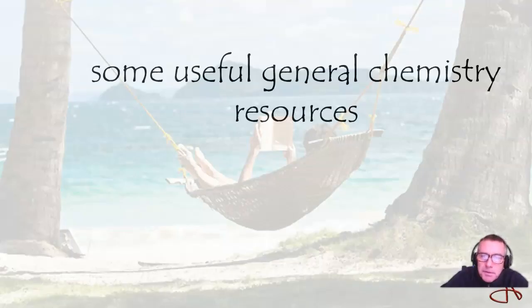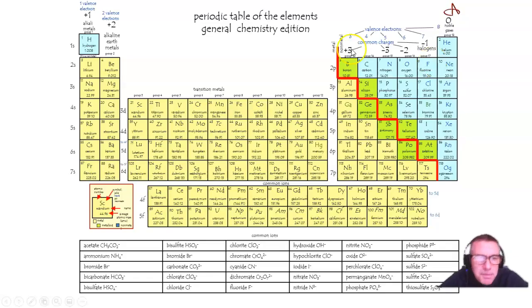Here's some general resources that you may find handy. You might want to print these out. Here's a periodic table that we've created for general chemistry. Now you'll probably find this is a little bit different than a typical periodic table because it's designed to help provide ways to solve various problems. There's especially a focus on the Aufbau order and electron configuration.